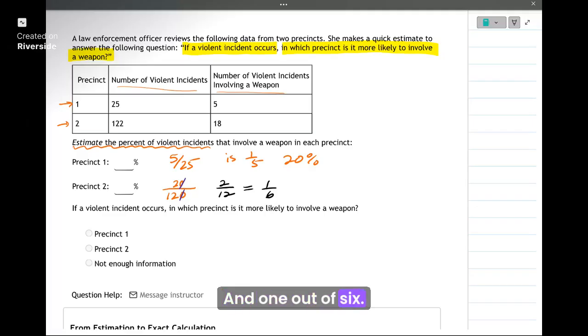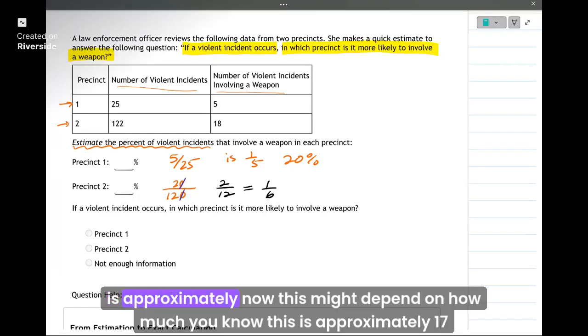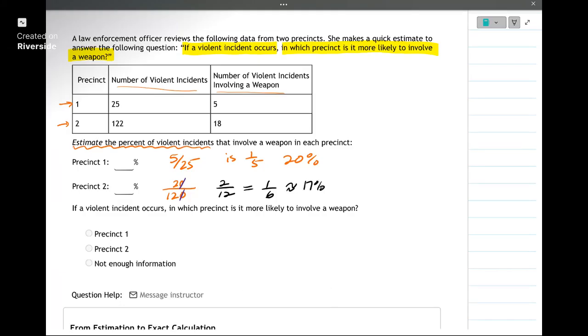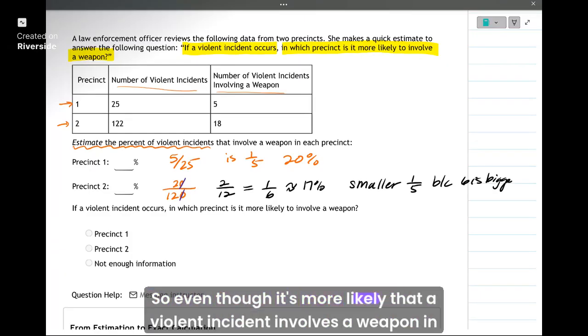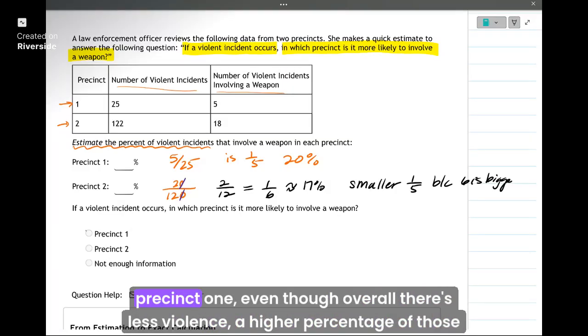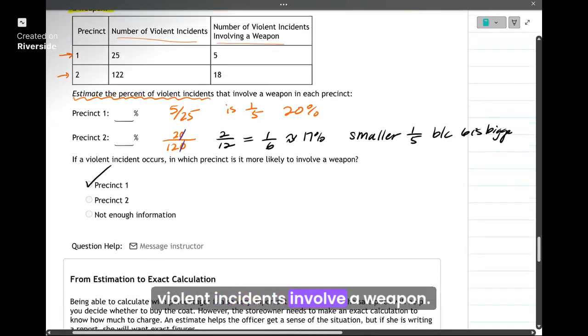And 1 out of 6 is approximately, now this might depend on how much you know, approximately 17%. It's smaller than 1/5 because 6 is bigger. So this is an approximation. So even though it's more likely that a violent incident involves a weapon in precinct 1, even though overall there's less violence, a higher percentage of those violent incidents involve a weapon.